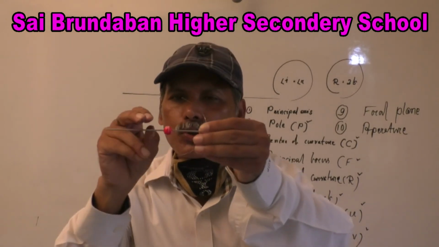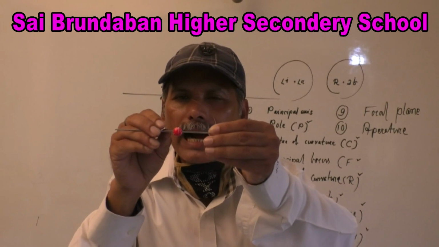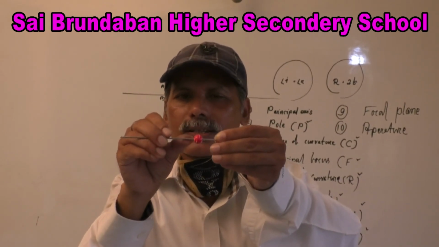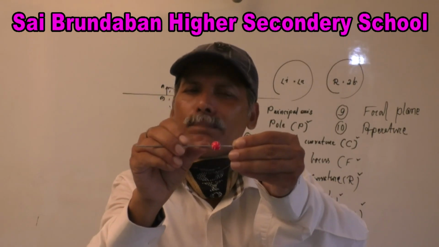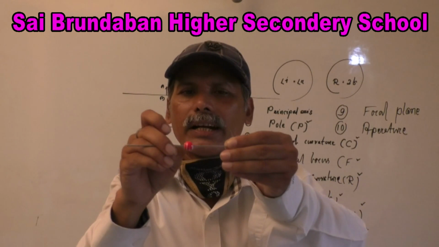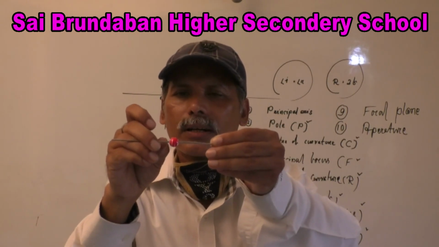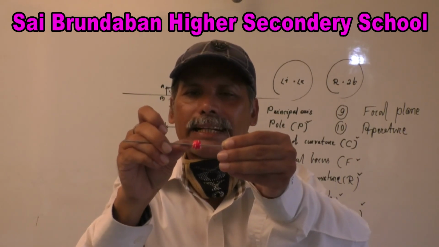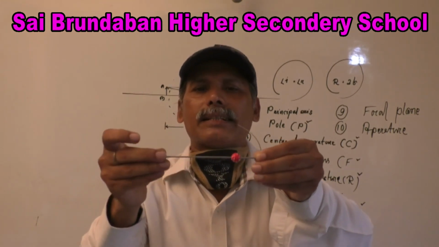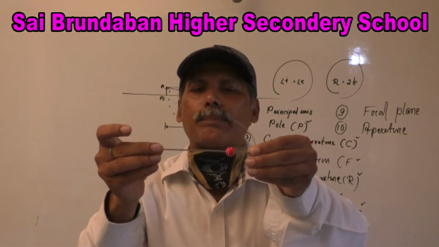So now I replaced the ball to the principal focus, or you may say focus. It was before at the center of curvature. Now I shifted it to the focus. This is the principal axis.